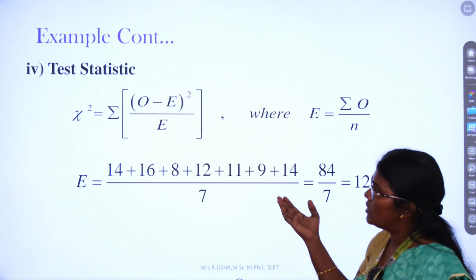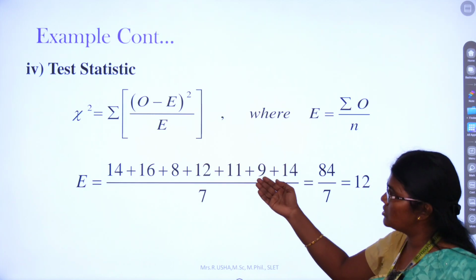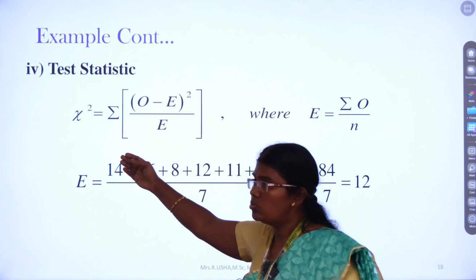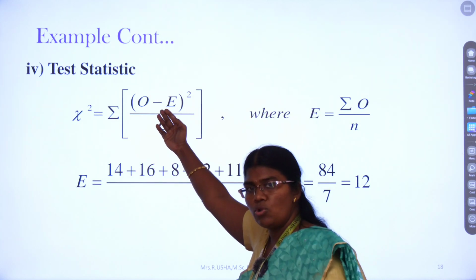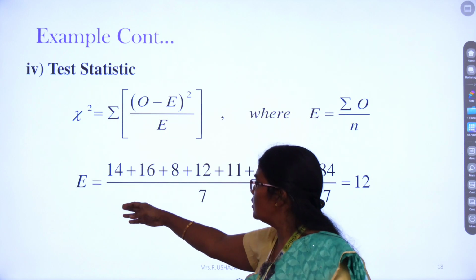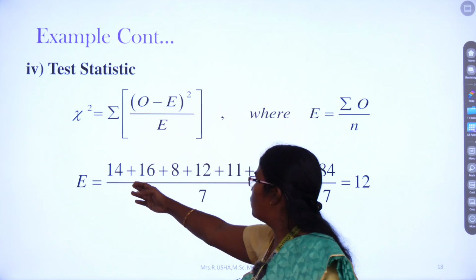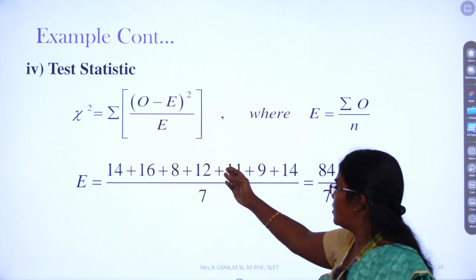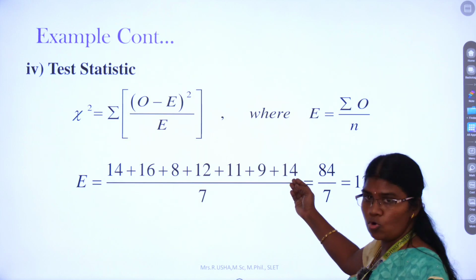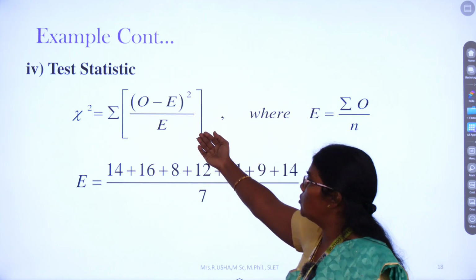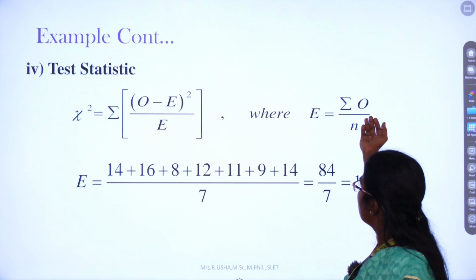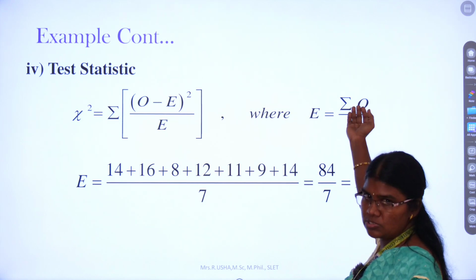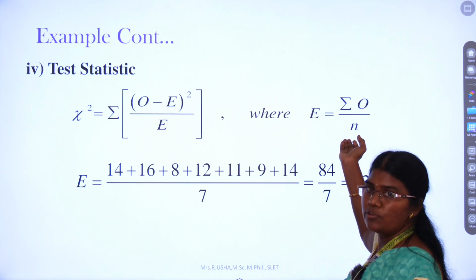Next, we do the calculation, that is the test statistic. Chi-square equals summation of (O minus E) whole squared by E. Here O represents the observed frequency, so the observed data are 14, 16, 8, 12, 11, 9 and 14. We already know the formula: expected frequency E equals summation of O by N, that is observed values divided by the number of frequencies given.